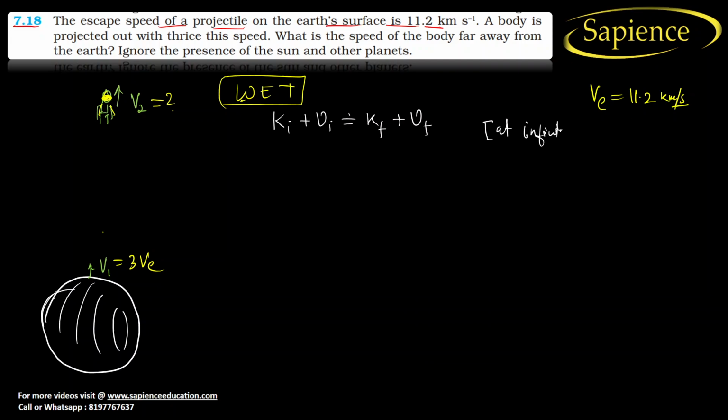At infinity, what will happen? U final, that is the potential energy due to the Earth, will be 0. So one conclusion we have got, that U final is equal to 0.